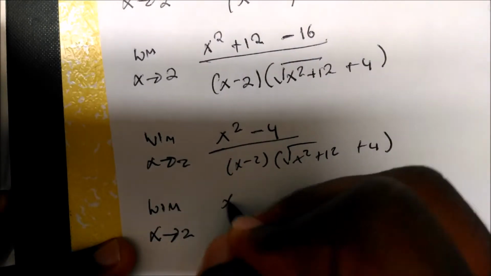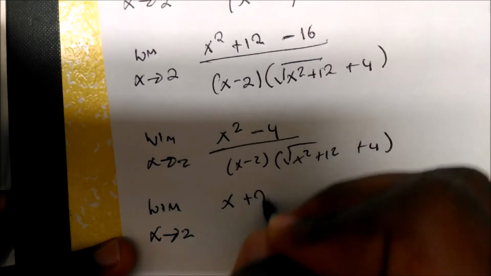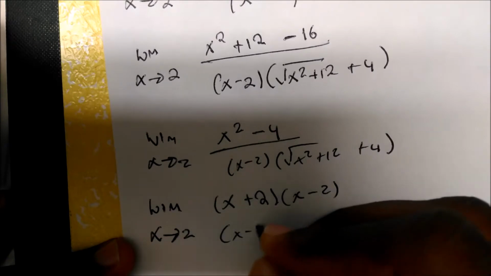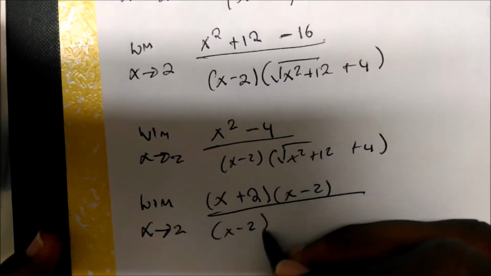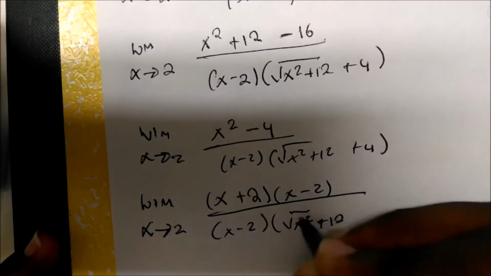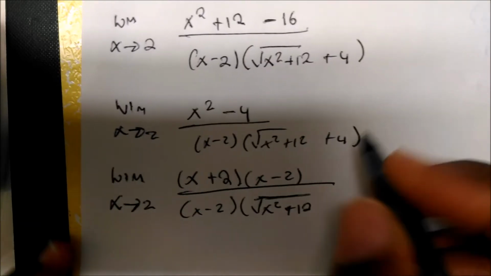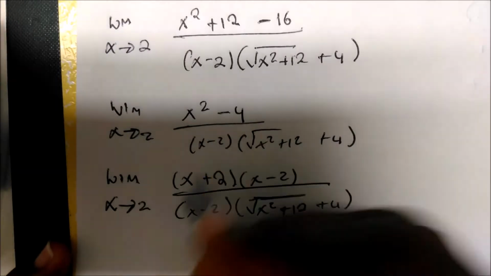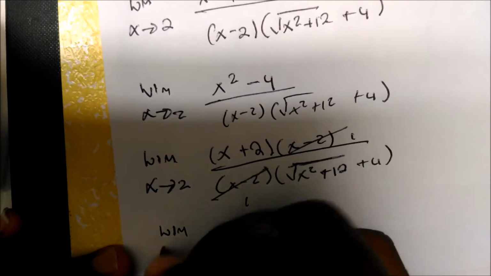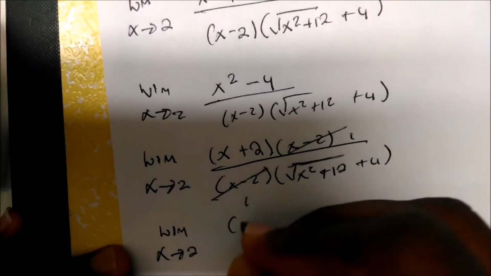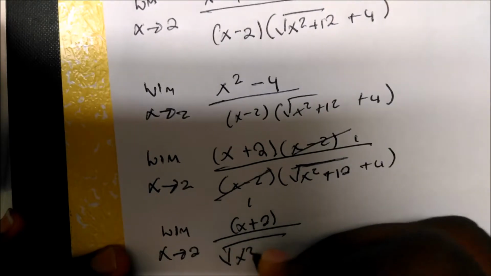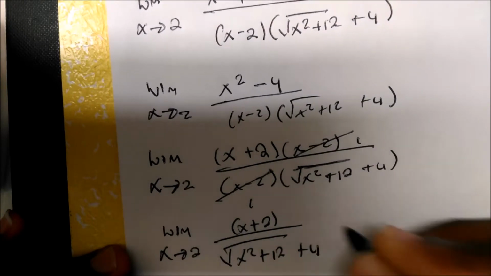This is a difference of squares, so this is actually x plus 2 times x minus 2, over x minus 2 times the square root of x squared plus 12, plus 4. These cancel, and so the limit as x approaches 2 is x plus 2 over the square root of x squared plus 12 plus 4.